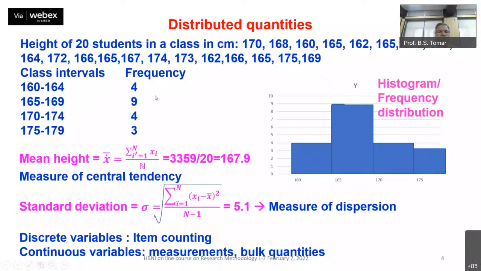This is basically the frequency distribution of the different class intervals, and you can plot them as a function of the class intervals, which you call the histogram or the frequency of different class intervals.